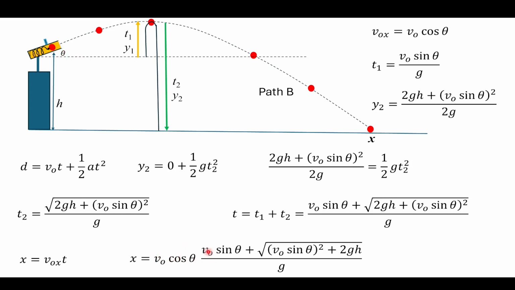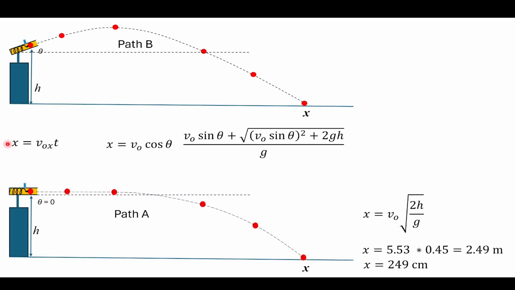All right, so let's recopy these to the next slide. So now this is the horizontal distance traveled by the ball in the general case or in the special case. So the distance traveled is the velocity in the horizontal direction multiplied by time. So now if I want to find the distance when theta equals 0, all I have to do is plug in 0 for theta.